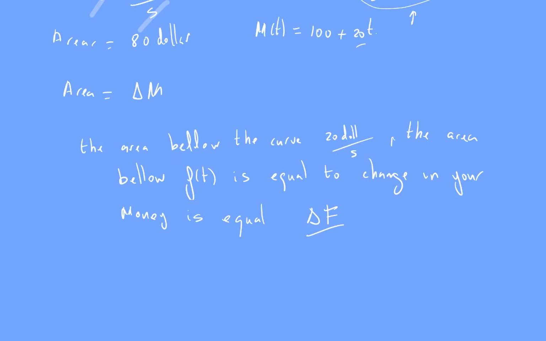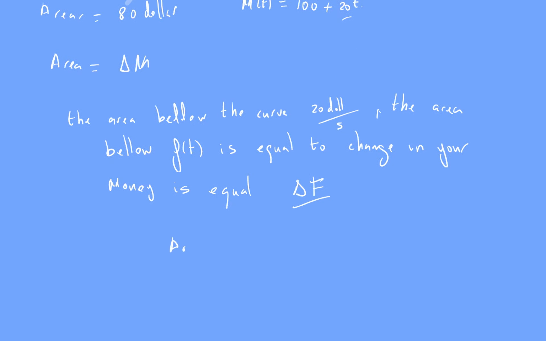So we write it again. The area below the curve, the integral of f of t dt between t equals 0 and t equals, let's say, 4 seconds. This area happened to be $80. This area is equal to the change in your money, to the change of the function that represents the antiderivative of little f.